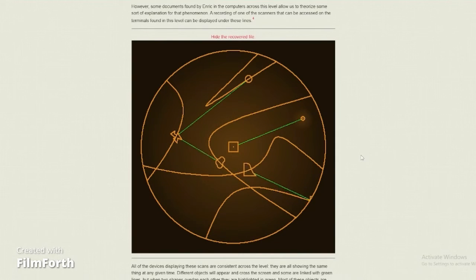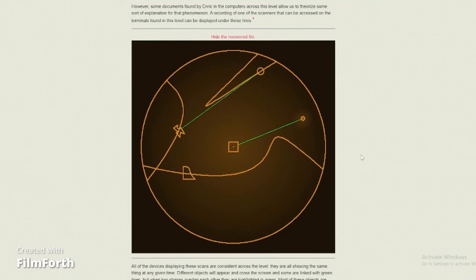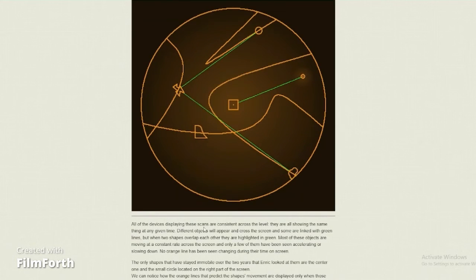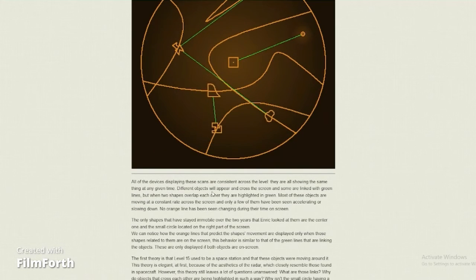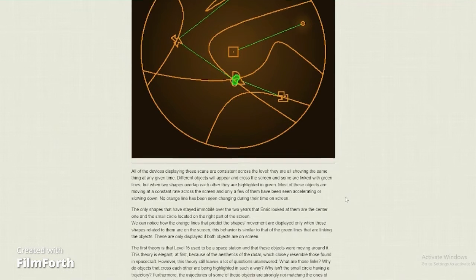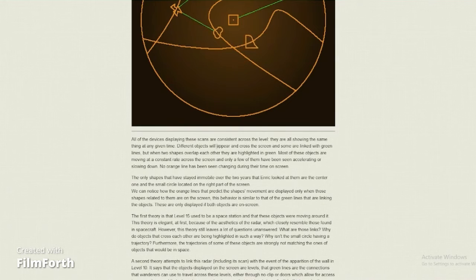All the devices kept displaying these scans are consistent on the level. They're all showing the same thing at any given time. Different objects will appear and cross the screen, and some are linked with green lines. But when two shapes overlap each other, they're highlighted in green.